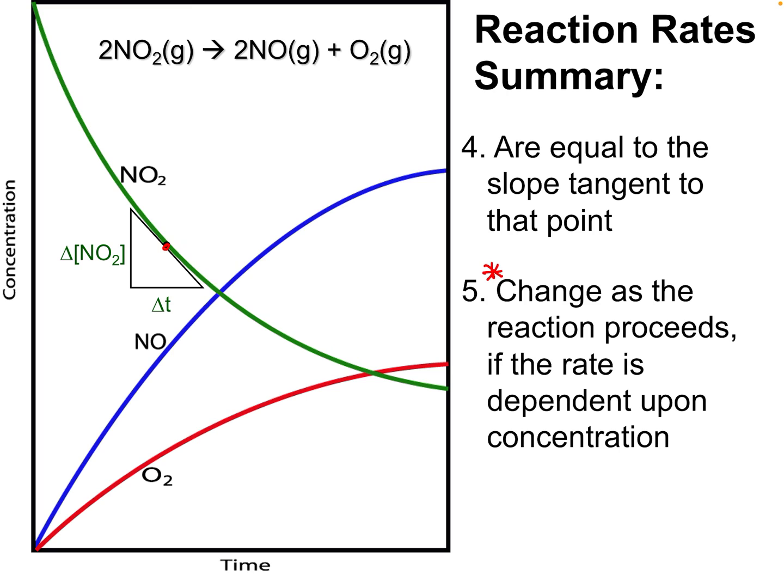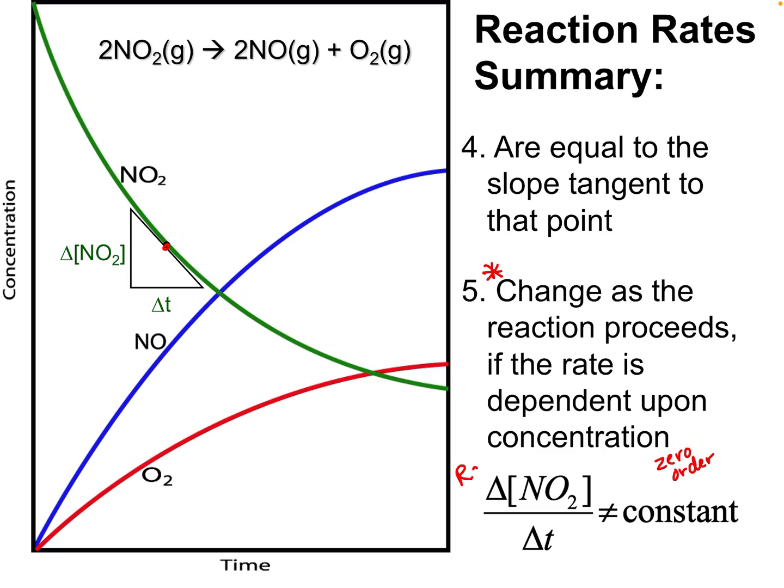So as the reaction proceeds, the rate will change. Again, not for zero order, but more on that a little later. So the change in our concentration over our change in time, which is our rate, is not a constant. Our slope is continually changing.